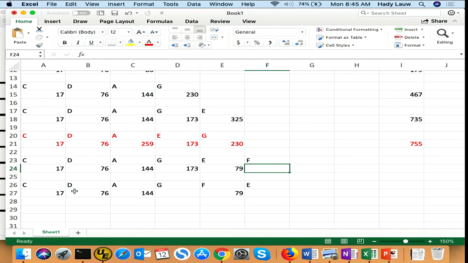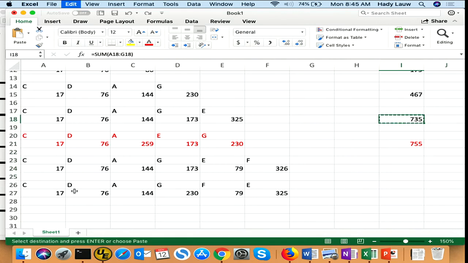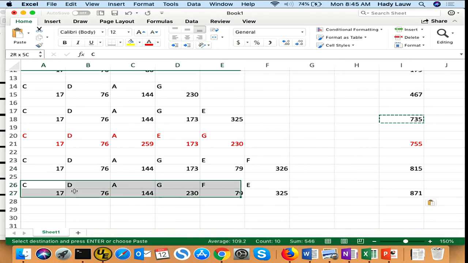So the FC is 326. So the FG is 230. And finally the CE is 325. Okay, so one is clearly shorter, so then we're going to pick this one. We're going to drop the second one.